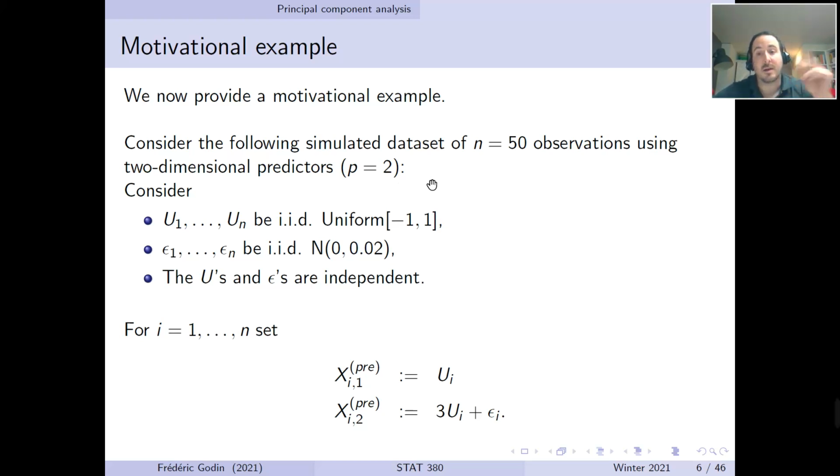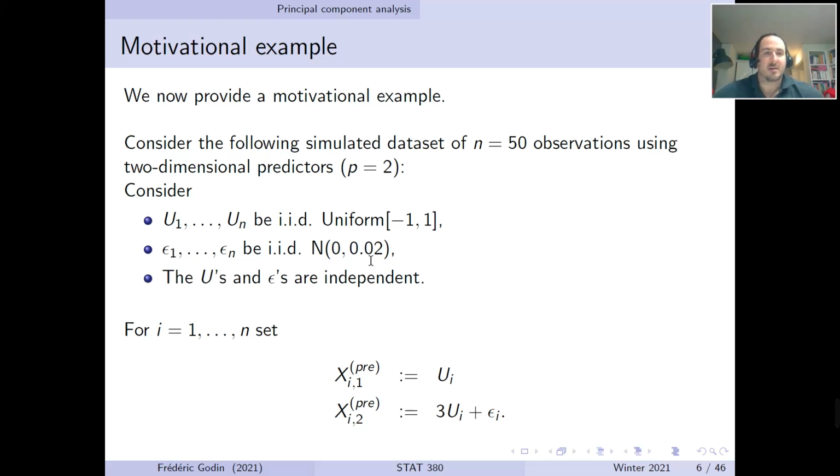There's predictor 1 and predictor 2. How were these simulated? Well, we had the following algorithm to simulate these. We have u_1 until u_n, which were IID uniform on minus 1, 1, and epsilon_1 to epsilon_n, which were IID normal with mean 0 and variance 0.02.